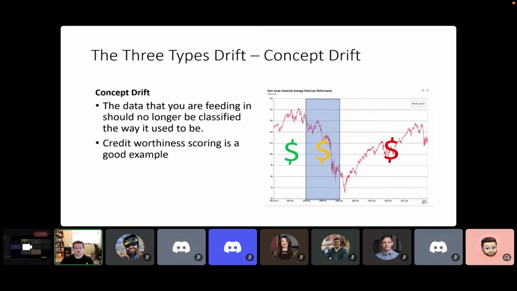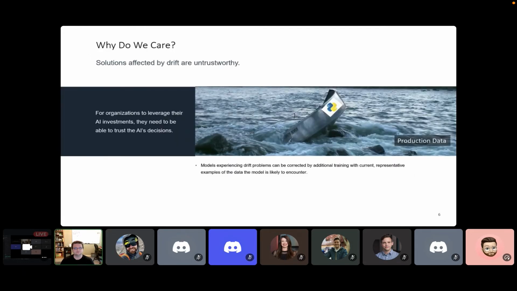And so the model, even though it never changed, and even though it was giving good predictions prior to 2008, because those values were no longer predictive of good bets and bad bets for the bank, it experiences concept drift, and it no longer works in 2010, where the relationship between how much income you have and how much debt you have has changed in some way that the predictions were no longer good and the models had to be retrained. So that's concept drift.